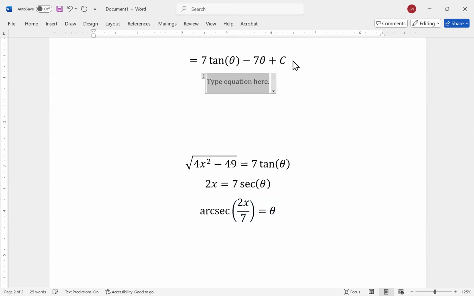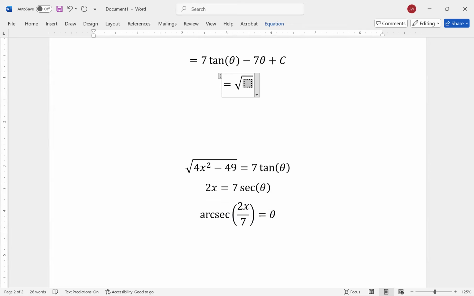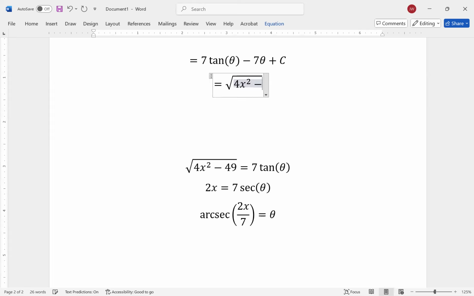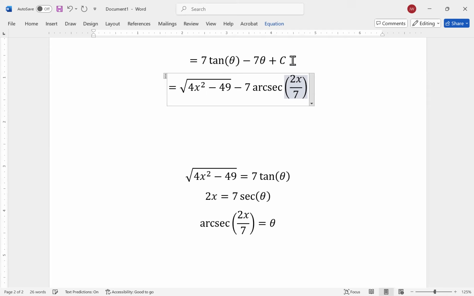So we get the ugly square root of 4x squared minus 49. That replaces my 7 tangent theta. And then minus 7 times the arc secant of 2x over 7. And then obviously my plus c.